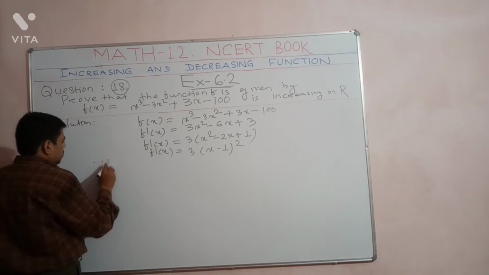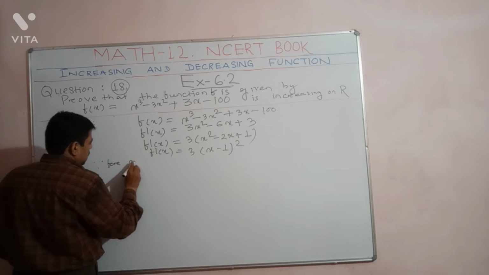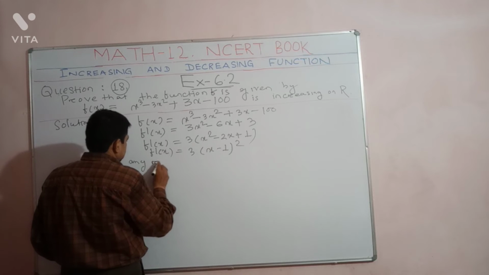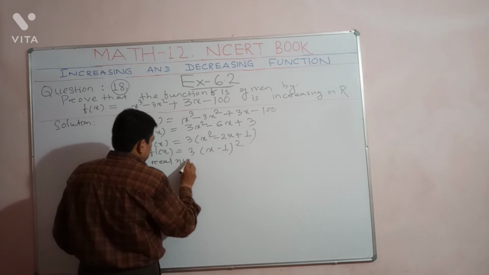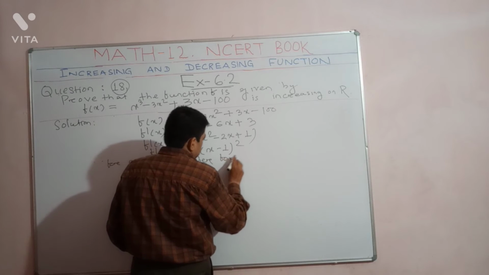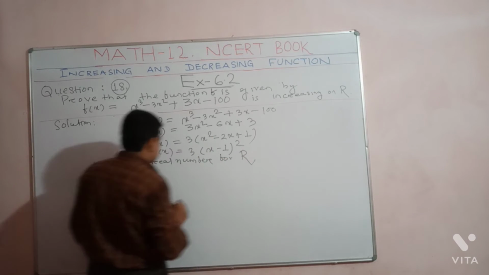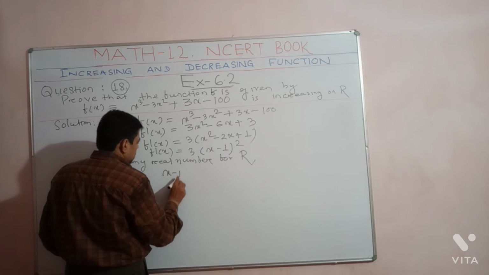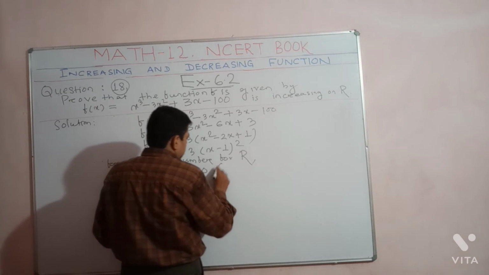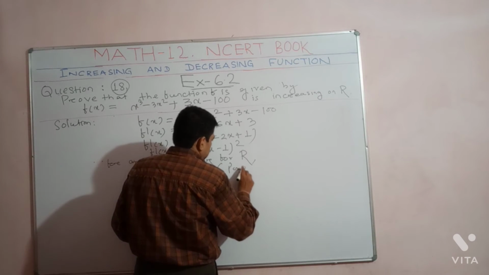Since for any real number, for the set R, x minus 1 whole square is always greater than or equal to 0 because the power is what? Here the power is even.